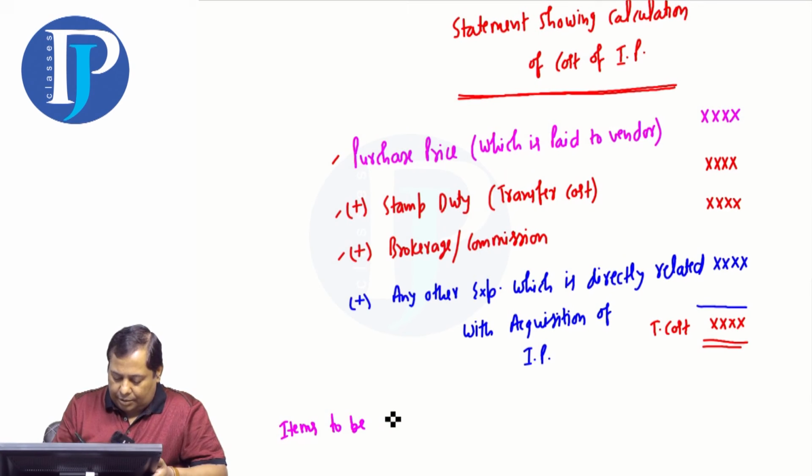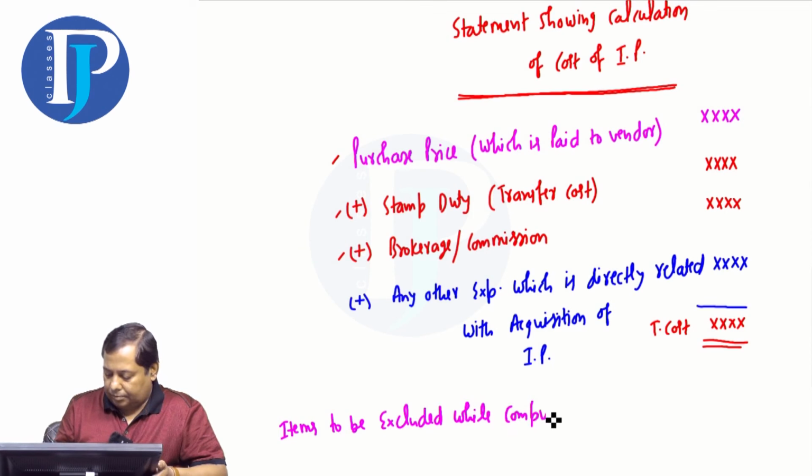Items to be excluded while computing the cost of IP.